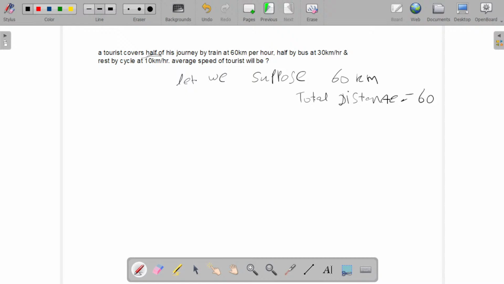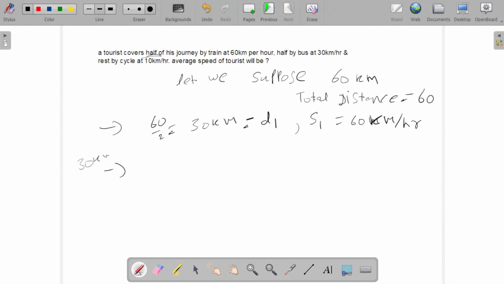So first half distance means 60 by 2, which is 30 kilometers, which will be d1, and it's covered at a speed of 60 kilometers per hour. Second distance: in the second part there is a total distance of 30 kilometers, because he already covered 30 kilometers by train.